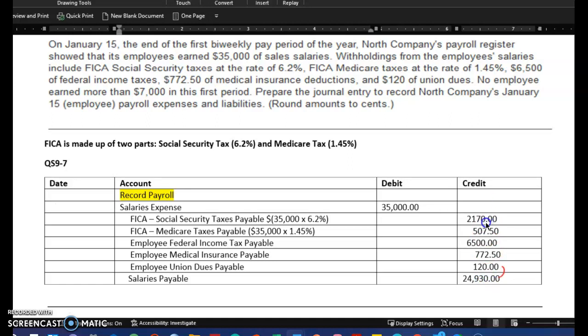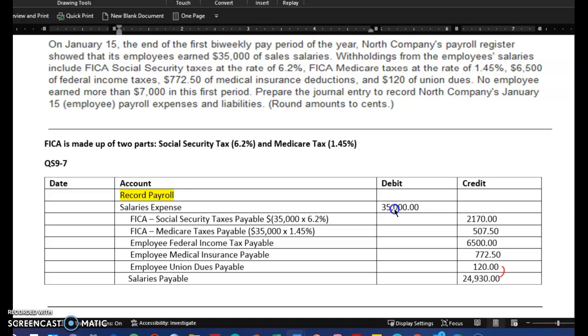I would also add up this column again to make sure it totals and equals $35,000. That will conclude how you do a payroll entry. There's really nothing more complicated. You could be paying 100 employees. The numbers would be bigger, but the journal entry is essentially the same.